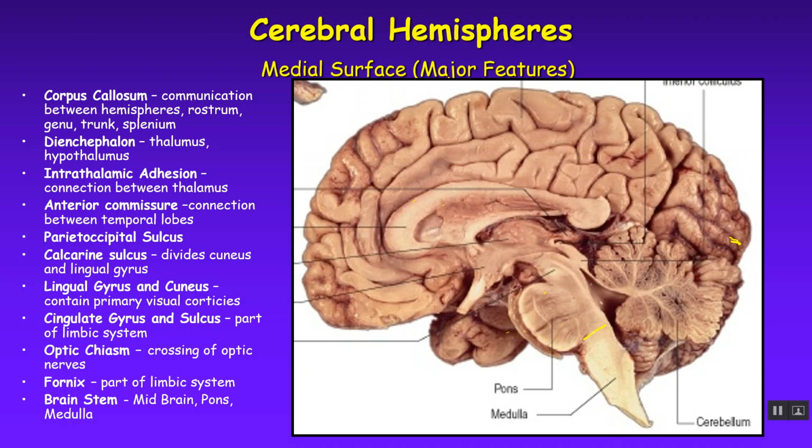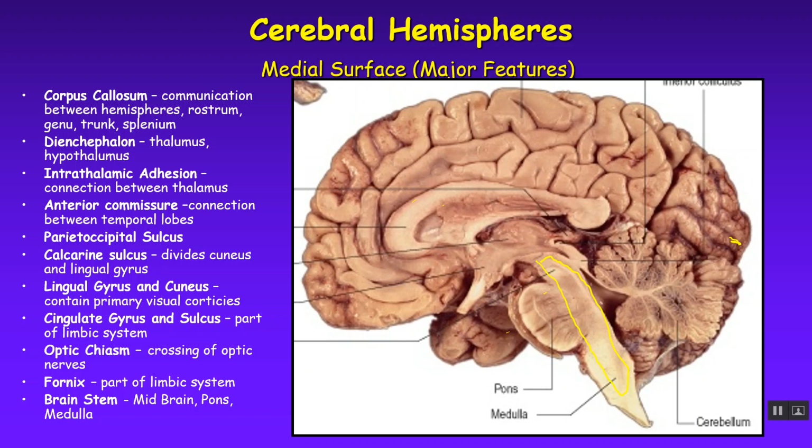And then down here we have the medulla. The medulla also has a tegmentum kind of here in the middle. Then the pyramids are up in front here, and the tegmentum is just behind the pyramids. So when we get to the brainstem, this whole middle region is called the tegmentum of the brainstem.